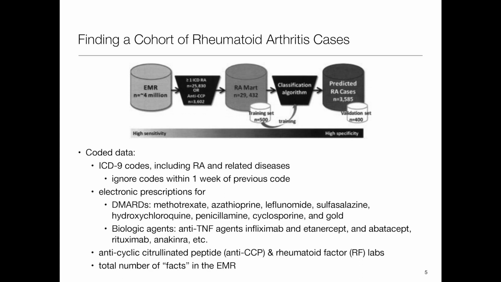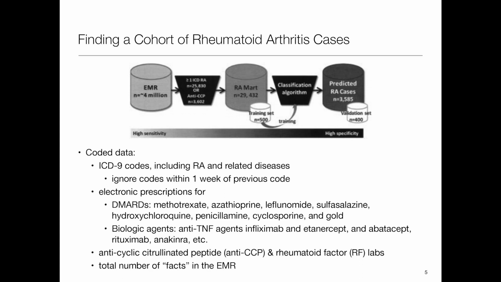And then we, it was 500, not 400. So we looked at 500 cases, which we got gold standard readings on, and then we trained an algorithm that predicted whether this patient really had RA or not.